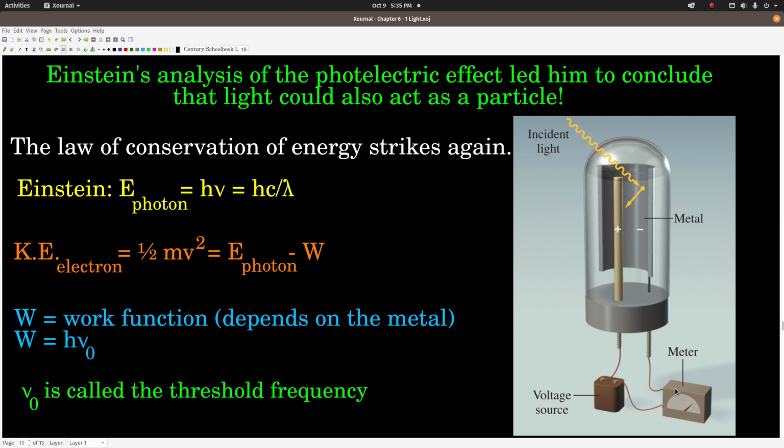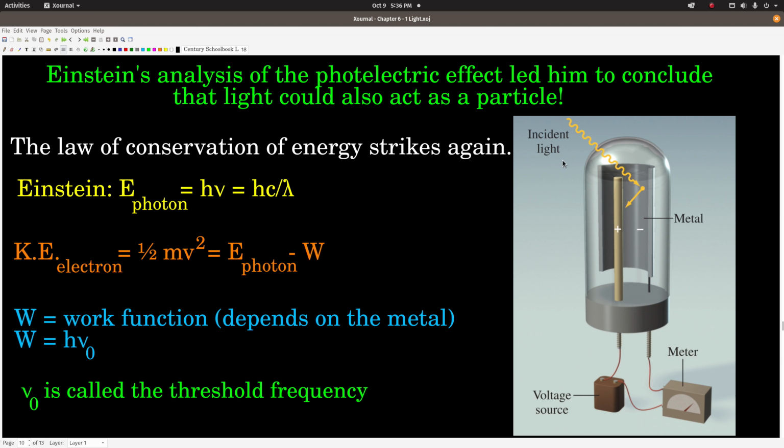They couldn't explain this until Einstein came along, and what he said was critical. He said, what if this light that's hitting this metal is made up of little tiny chunks of energy they call photons? So he's talking about light being a particle instead of a wave.